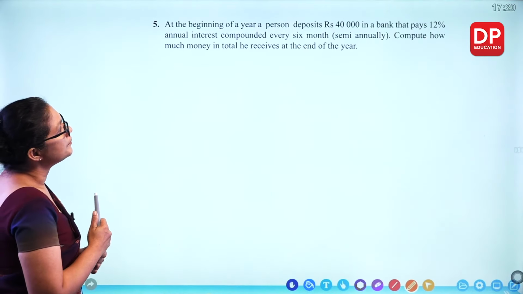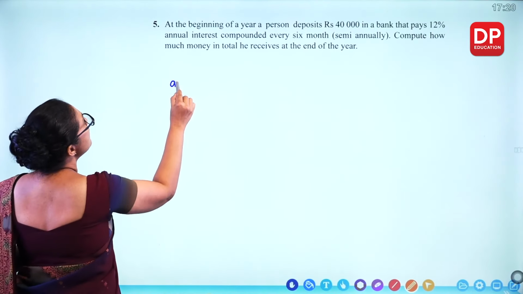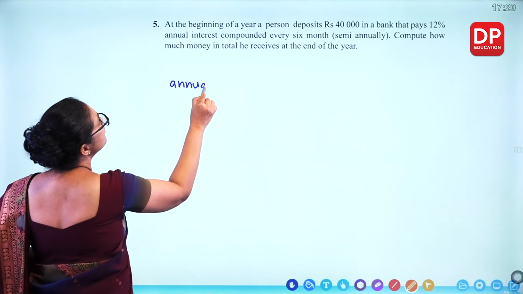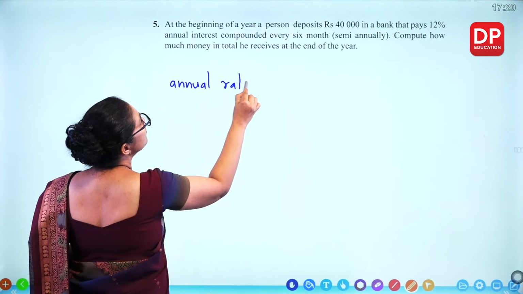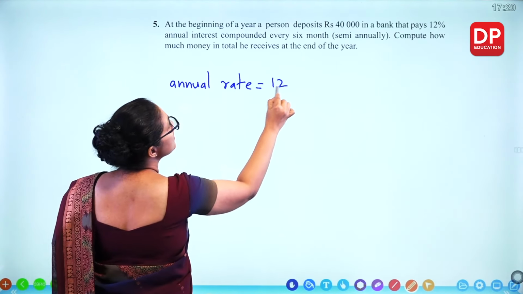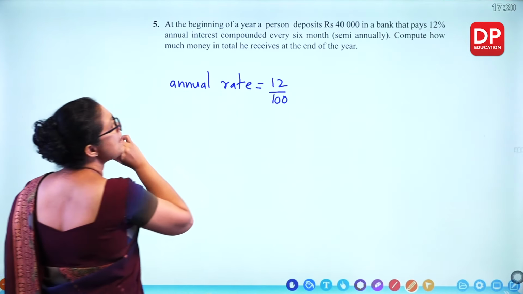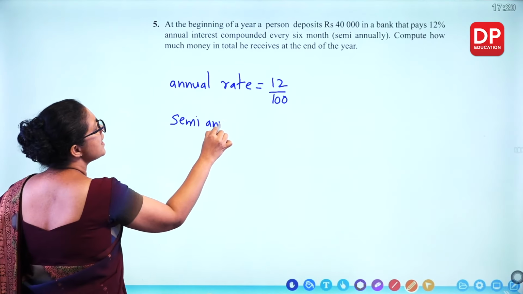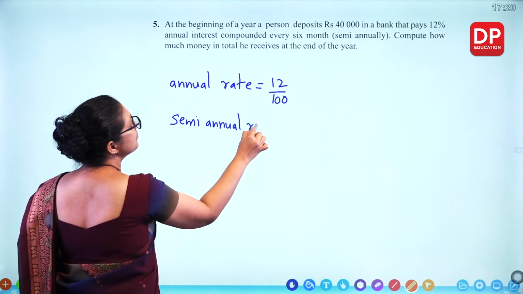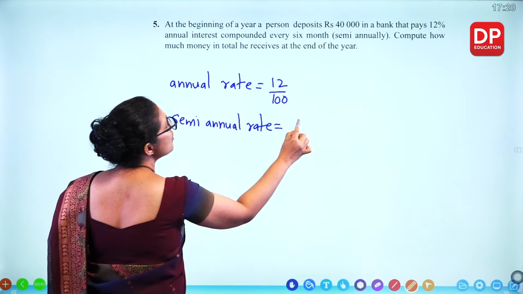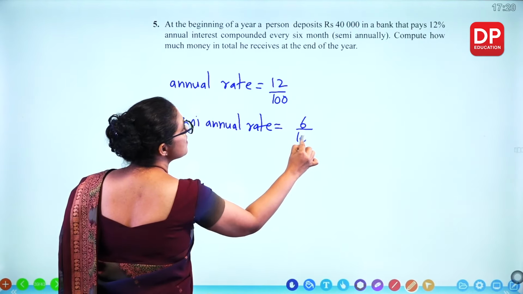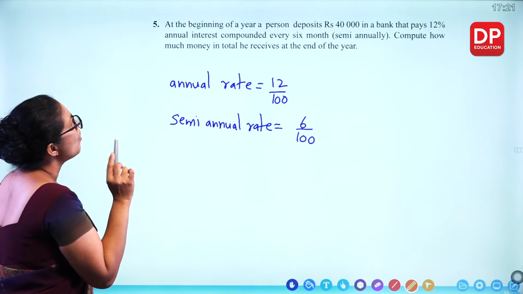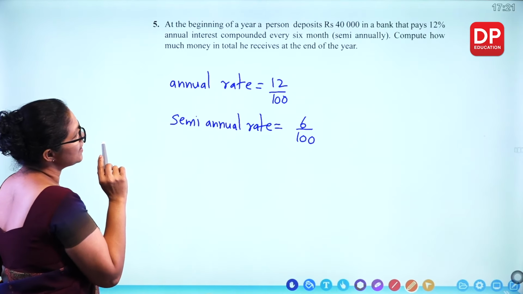So what's the annual rate given? 12%. So what's the semi-annual rate? You have to divide by 2. So that's 6%. Now what's the initial value? 40,000.